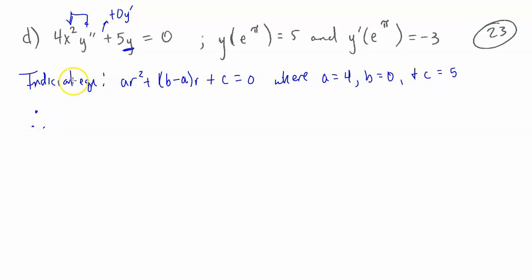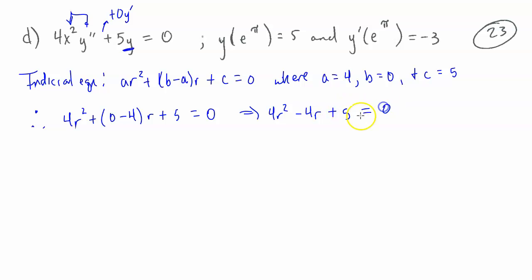So therefore, this means that we have 4r squared plus 0 minus 4 times r plus 5 equals 0. And of course, this means that we have 4r squared minus 4r plus 5 equals 0.